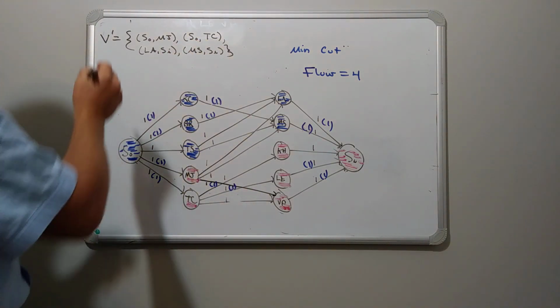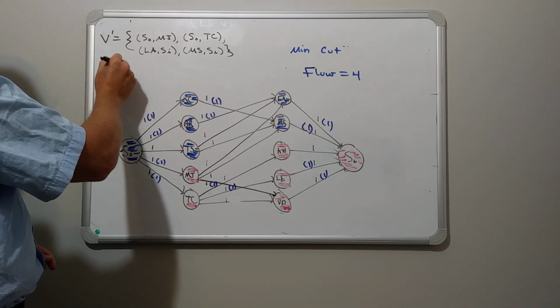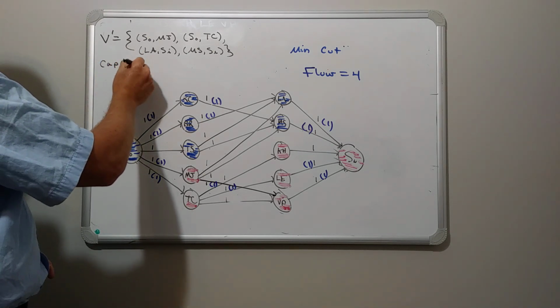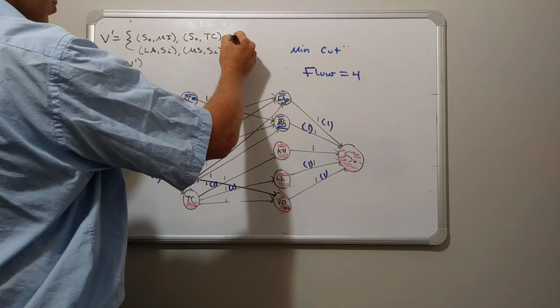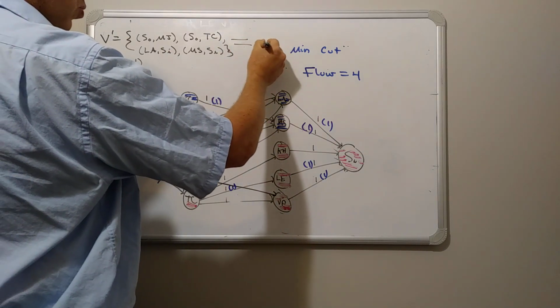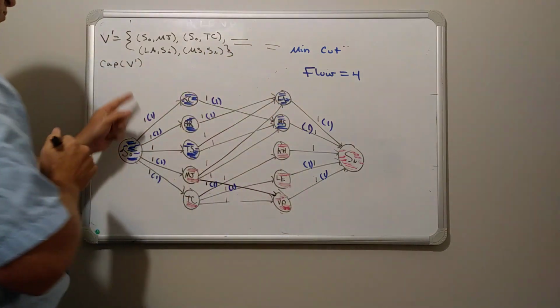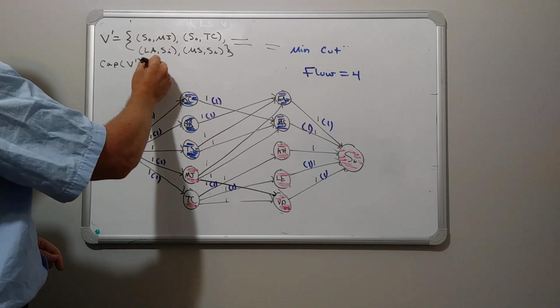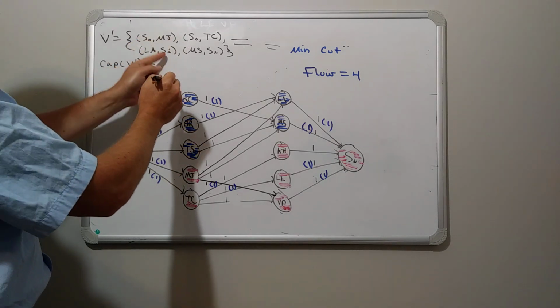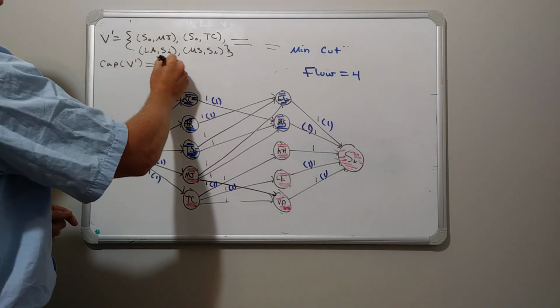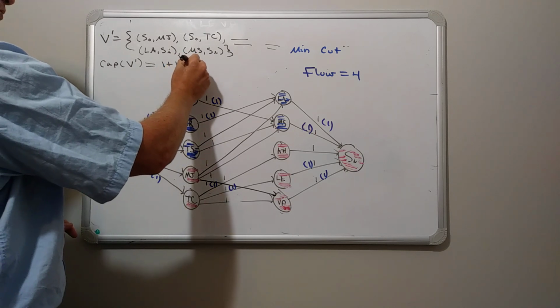Okay, the capacity of this cut, so this is the minimal cut. The capacity of this cut is 1 plus 1 plus 1 plus 1, which is 4.